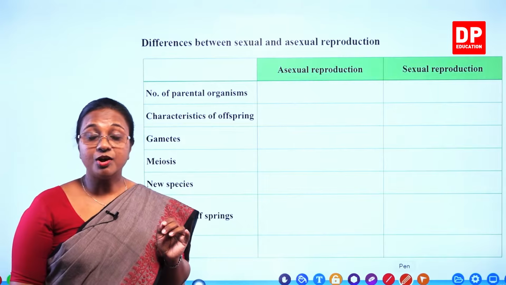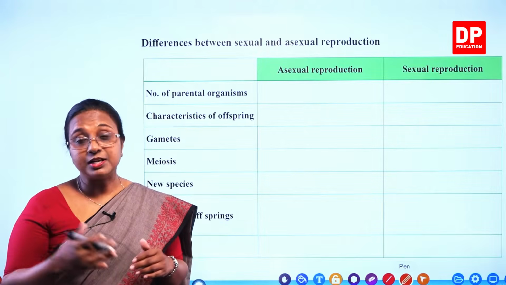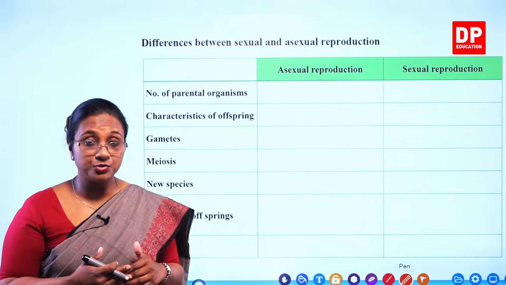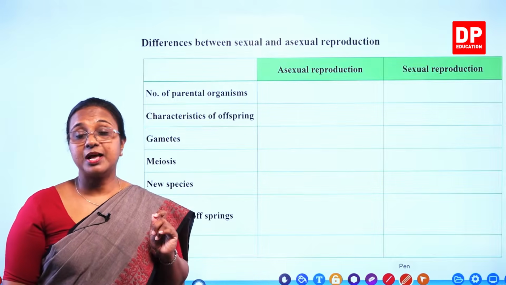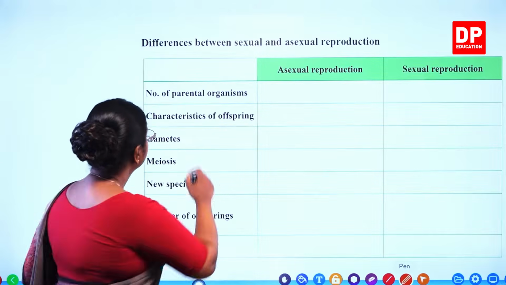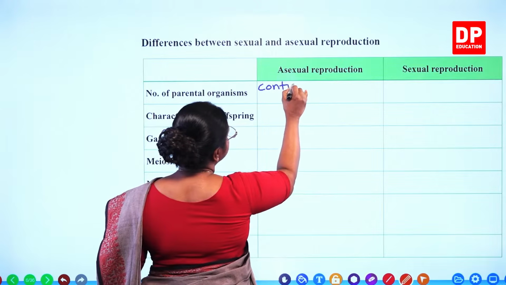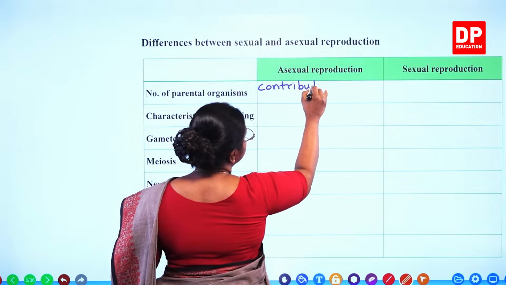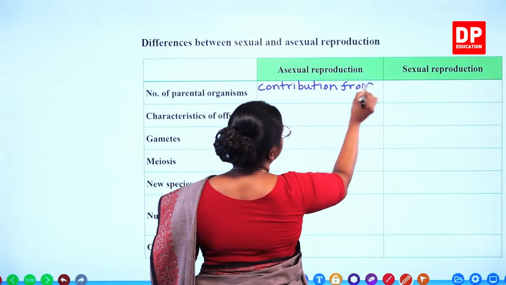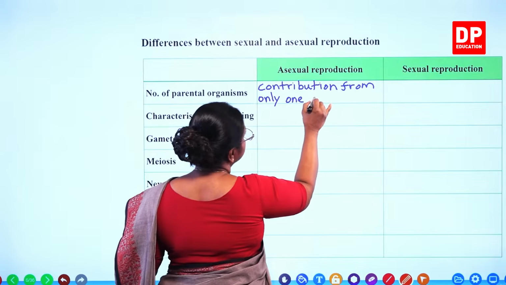As I explained, there is one existing organism that will be the parental organism, and from that organism new organisms are produced. So, for asexual reproduction, only one parental organism is involved. Here we can say contribution from only one organism.